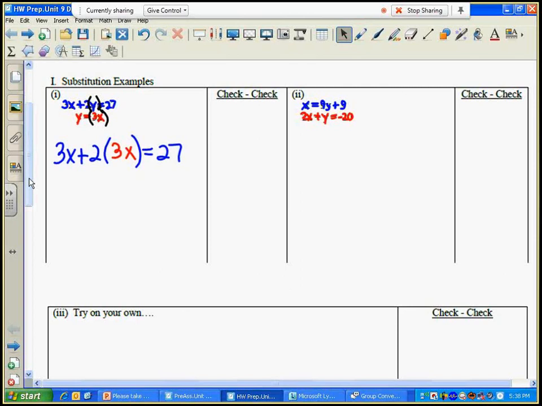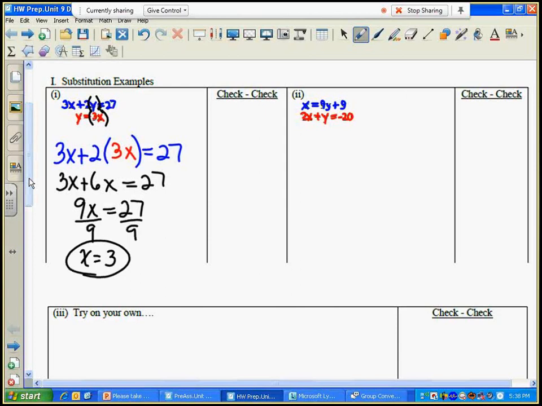On this left side, we have 2 times 3x. Well, that gives us 6x. We still have like terms to simplify. 3x plus 6x is 9x. That equals 27. When you divide both sides by 9, you get x is equal to 3.